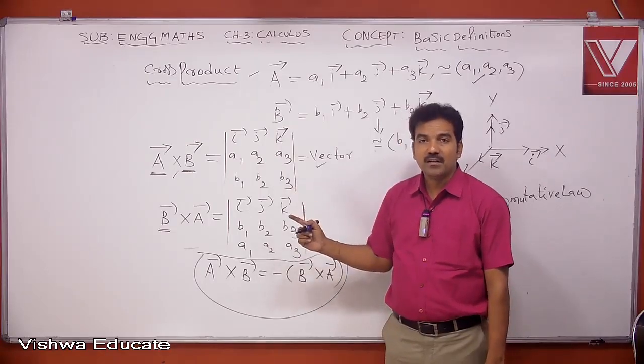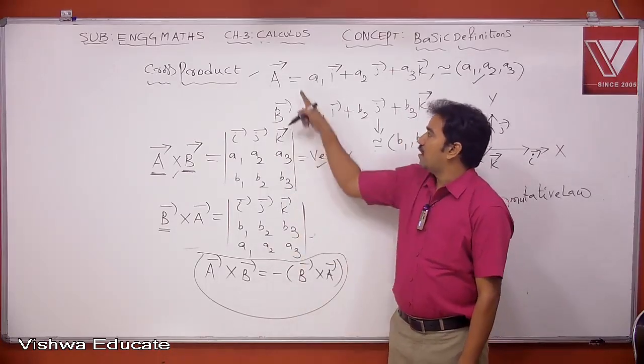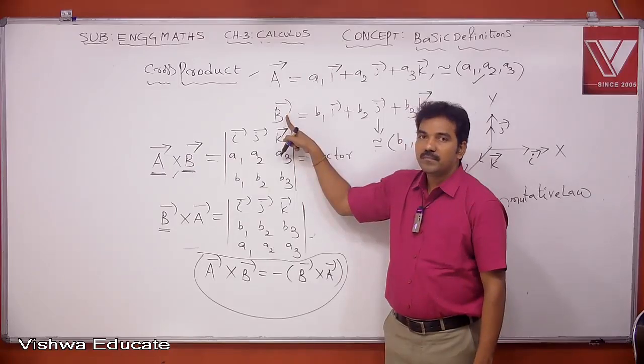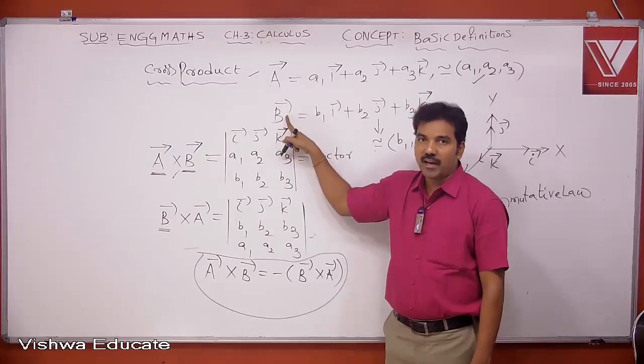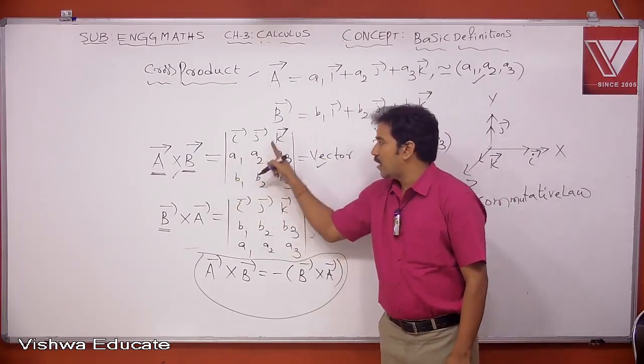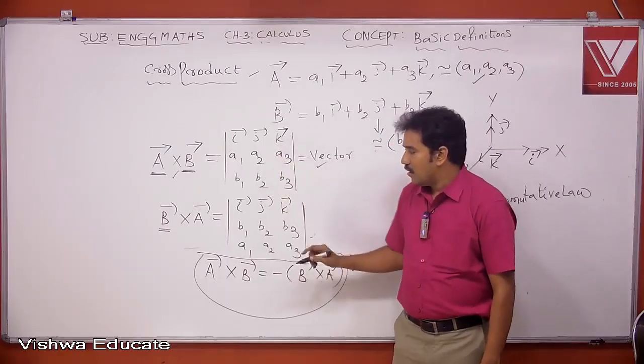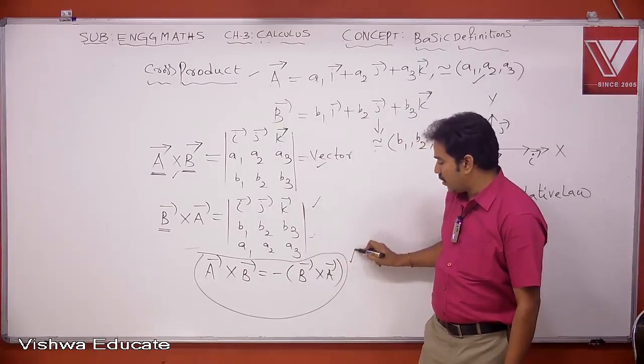I repeat once again. The cross product of vectors A bar comma B bar is denoted and defined as A bar cross B bar equal to this. Next you write this followed by this point.